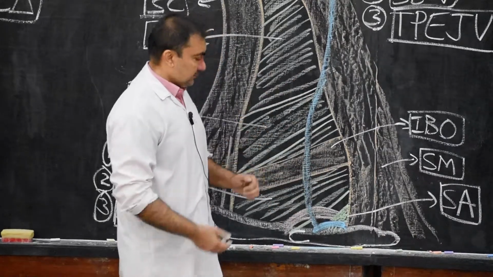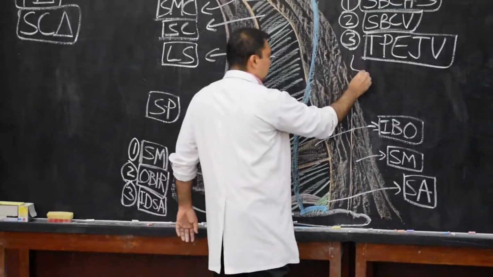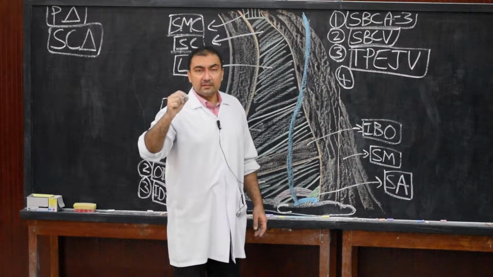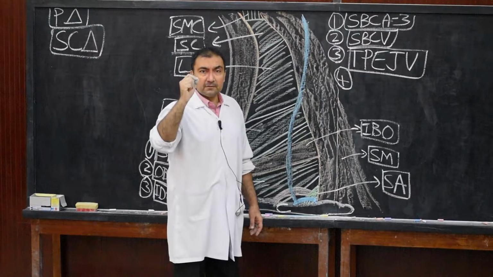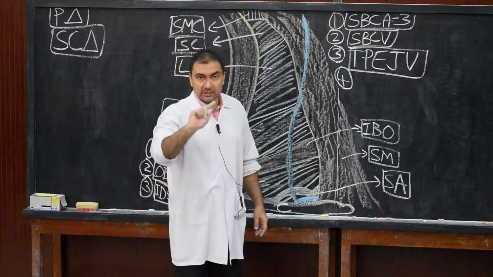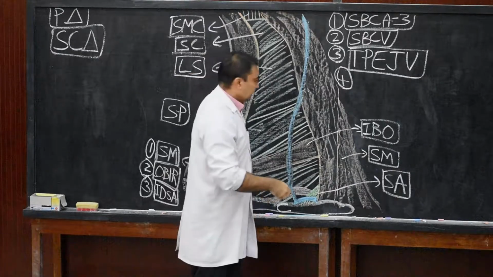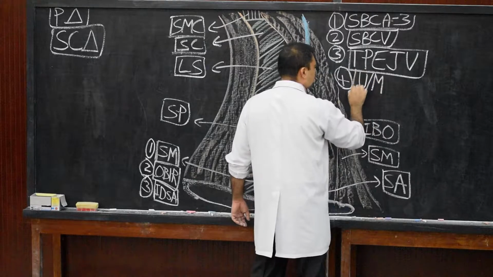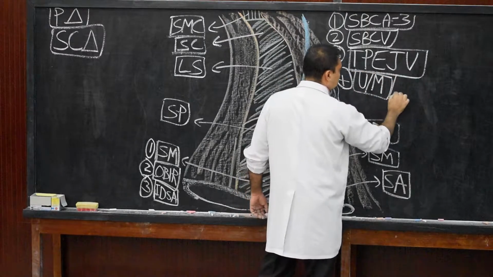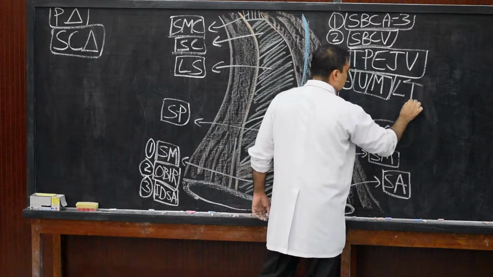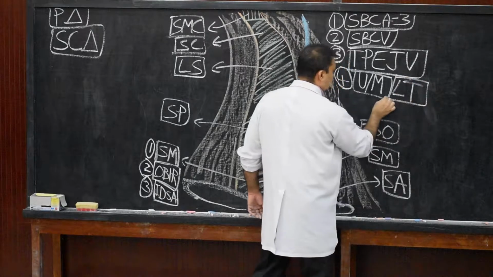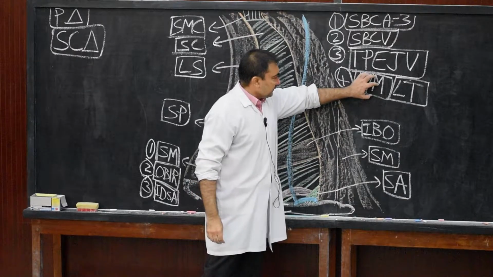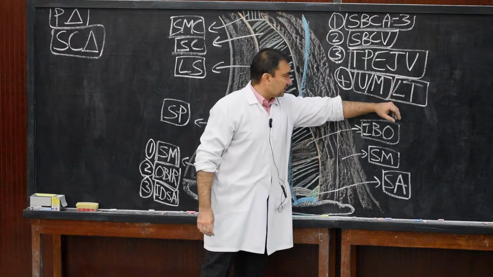Now we come to content number 4. In content number 4, there will be the trunks of the brachial plexus, not the cords, but the trunks. And these trunks are the upper and middle trunk and the lower trunk. Why have I kept the upper and middle trunk in one rectangle and the lower trunk in another one?